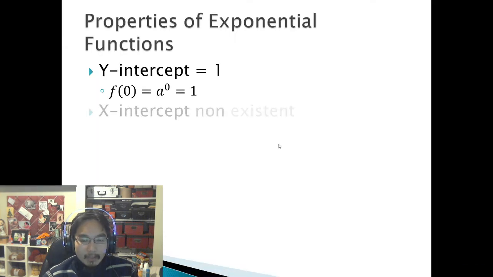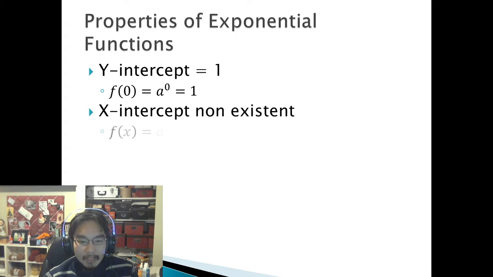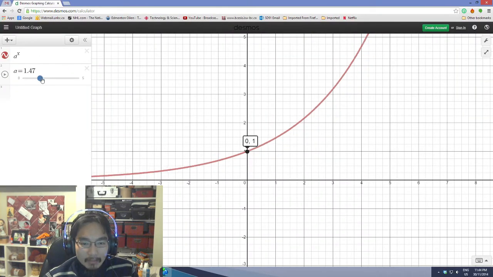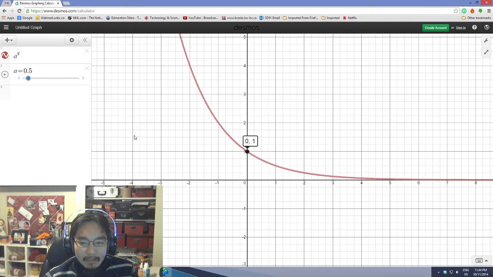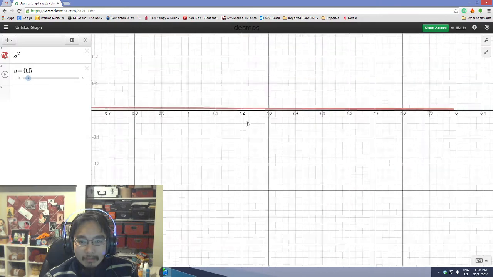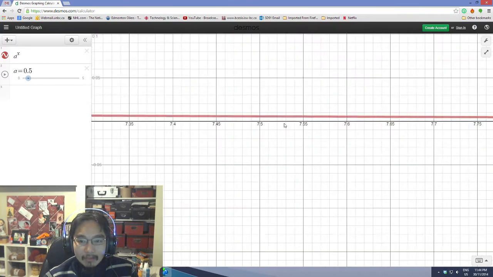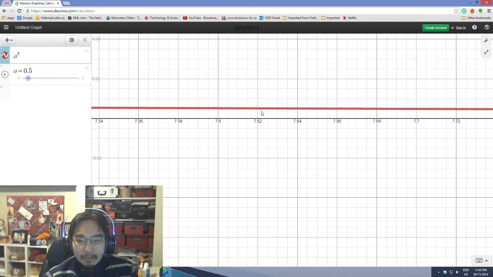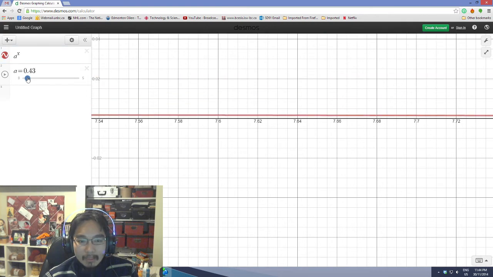Okay, another interesting point is that these functions don't actually have x-intercepts. The x-axis is an asymptote. If you remember from a couple lessons back, an asymptote is a line that is never reached. Well, for the basic exponential function, the x-axis is never reached, no matter what happens.